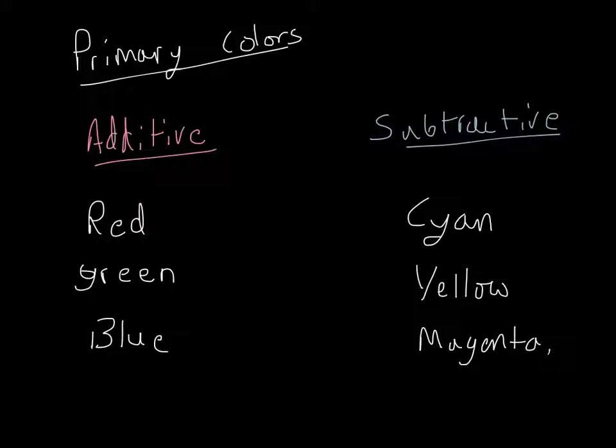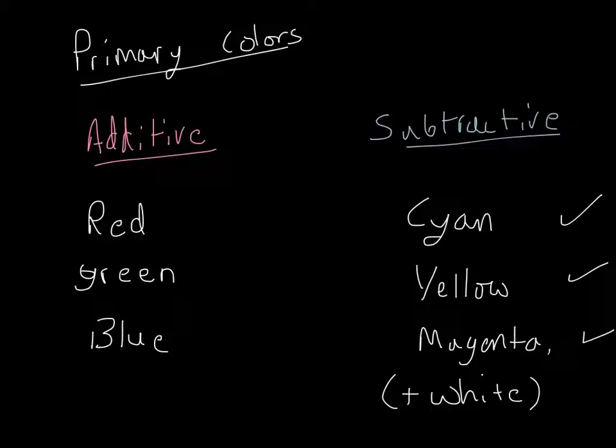Those are our primary subtractive colors. So for example, let's say you're in the art classroom and you want to have the least amount of colors, but you want to be able to make the most amount of colors by mixing them. You would need these three colors plus white.